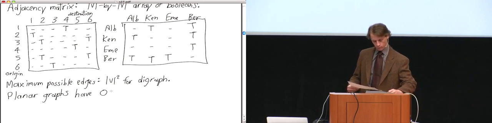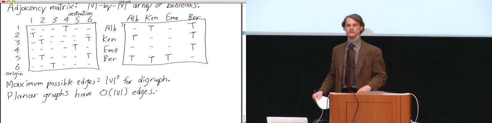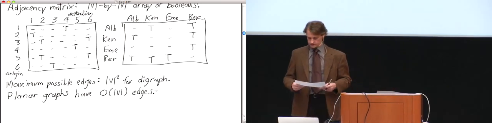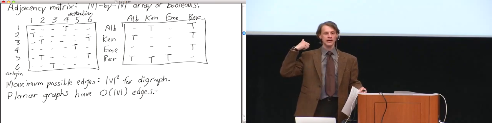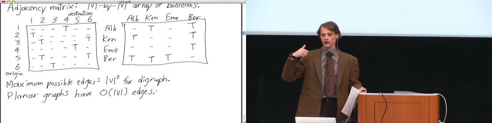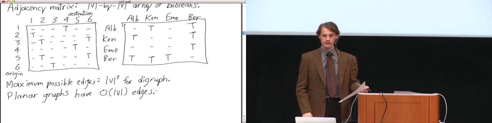It can't even have more than a linear number of edges. They have at most big O of v edges. So planar graphs are pretty compact. If you're using an adjacency matrix to store a planar graph, you're kind of wasting a lot of space if it's a big graph.